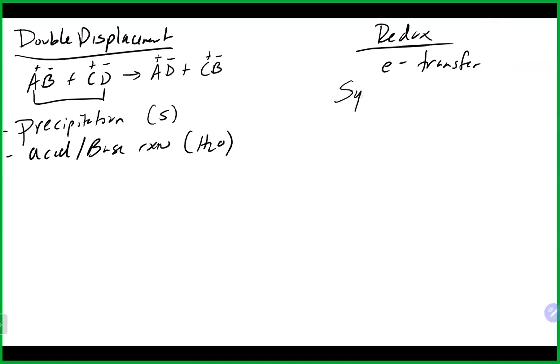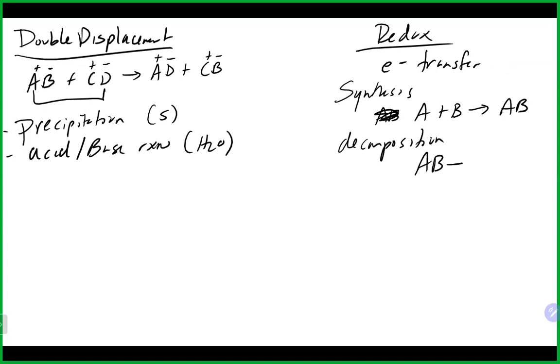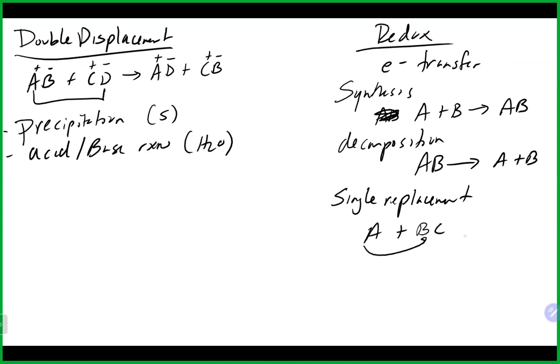You have your synthesis reaction. Two things make one thing. You have your decomposition, which is the opposite reaction. One thing makes multiple things. You have your single replacement reaction, where you have one thing that comes in and kicks out somebody and makes a new ionic compound.